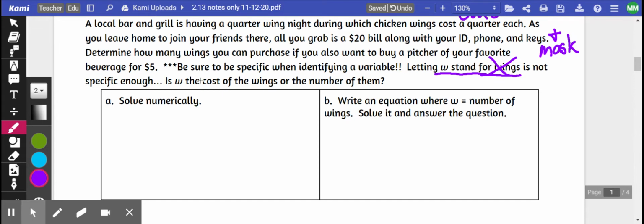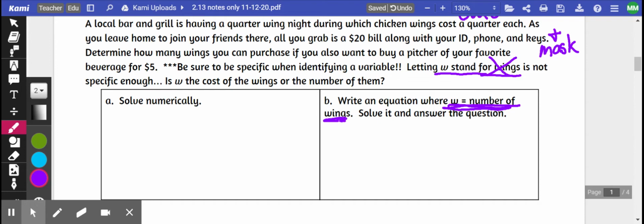So W is going to end up equaling, and they tell us right here, the number of wings. So when we get to doing the algebraic equation, we want it to represent the number of wings. If they don't define it for you, make sure that you do that first thing in a problem.